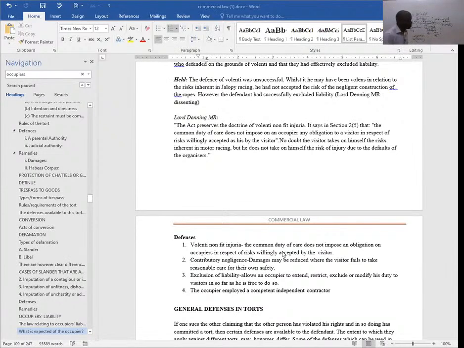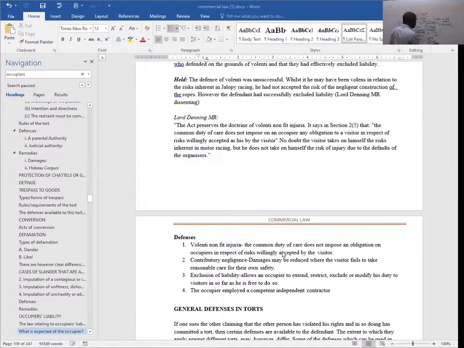It is normally in two forms. You can have defamation categorized as being either libel or, number two, slander.